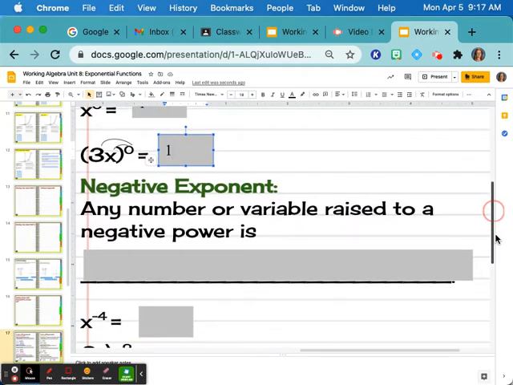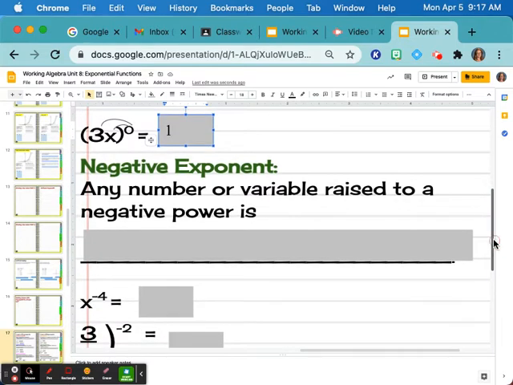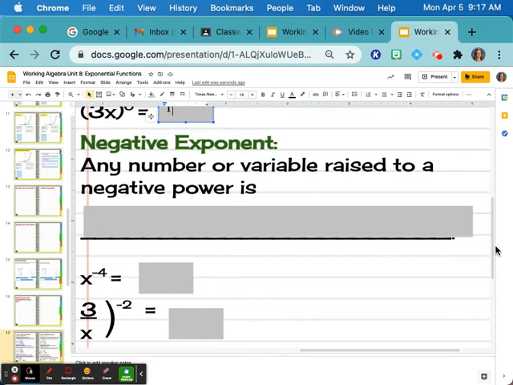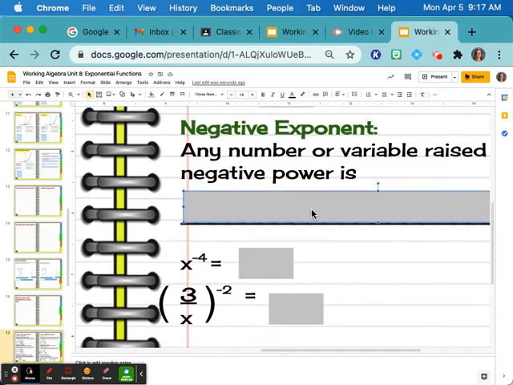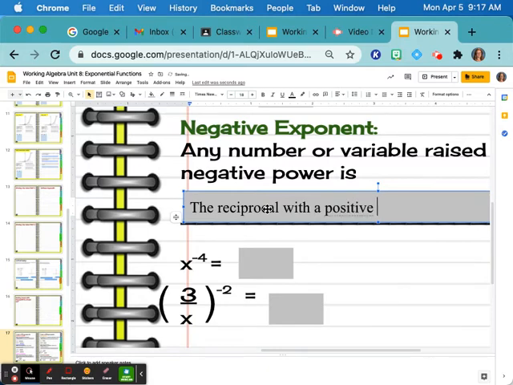Negative exponent. Any number or variable raised to a negative power is, do you remember what we do with the negative exponent? What do we find? How do we deal with that? Do you remember the word reciprocal? Yes. Okay, a number or variable raised to a negative power is the reciprocal with a positive exponent.